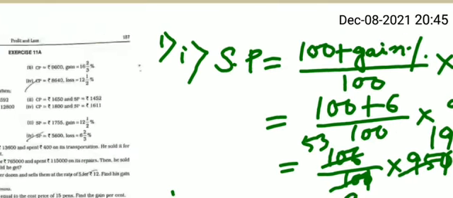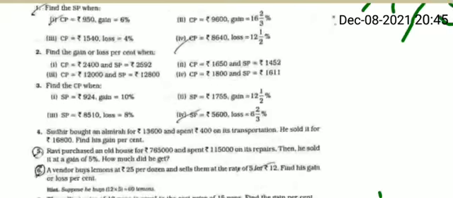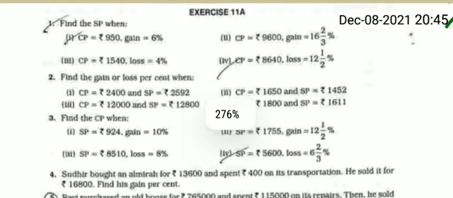Now come to the next question. In this way, students, you have to solve questions 2, 3, 4 of question number 1. Okay. Now come to question number 2. Here question number 2 tells us to find the gain or loss percent when cost price and selling price are given.